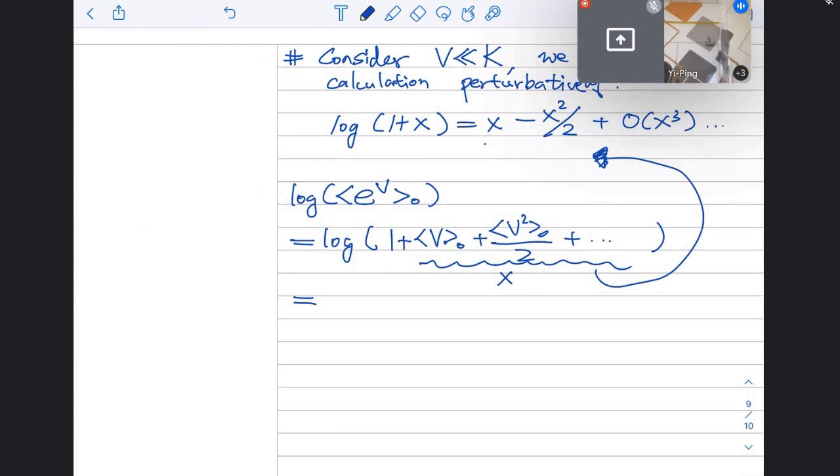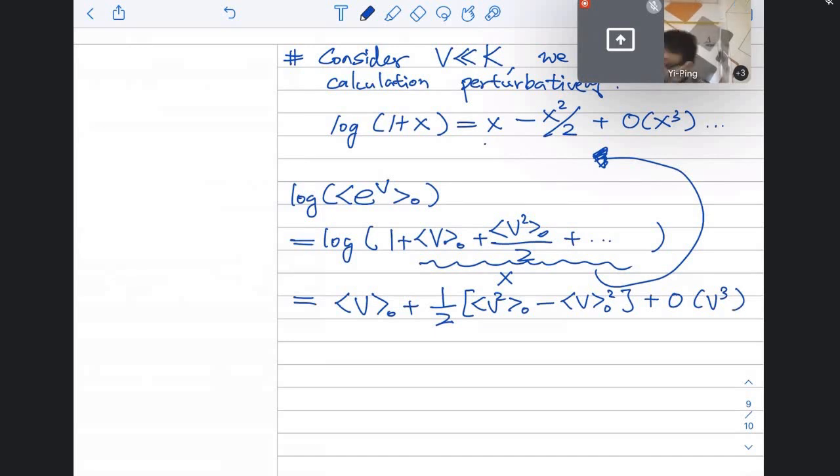Then what you are going to get is this log exponential V average over Hamiltonian H naught will be this. Okay, and if you have keen eyes, you find this is what people call the cumulant expansion.